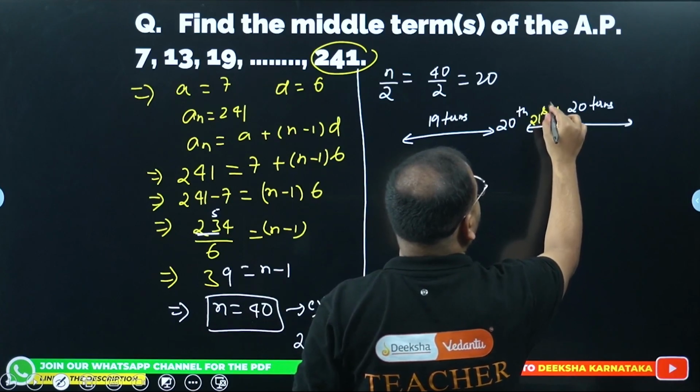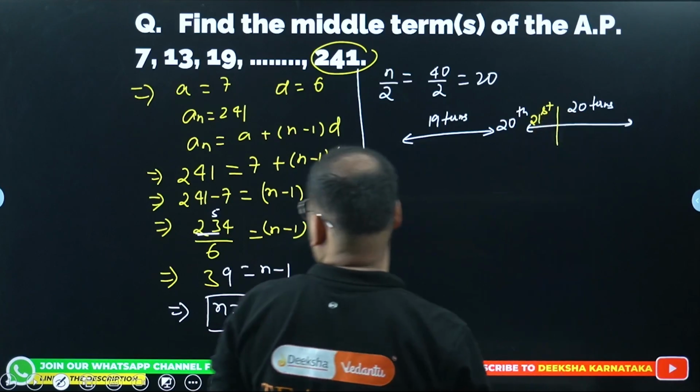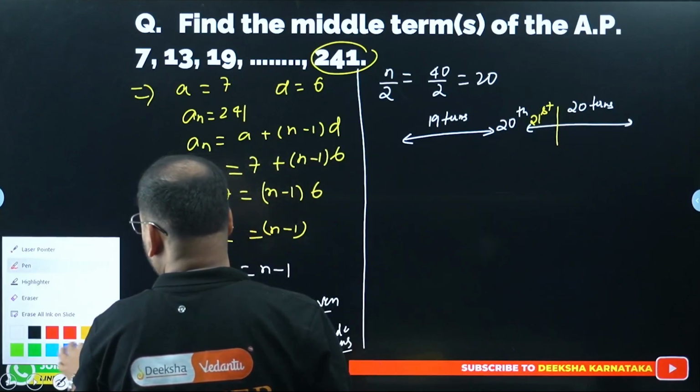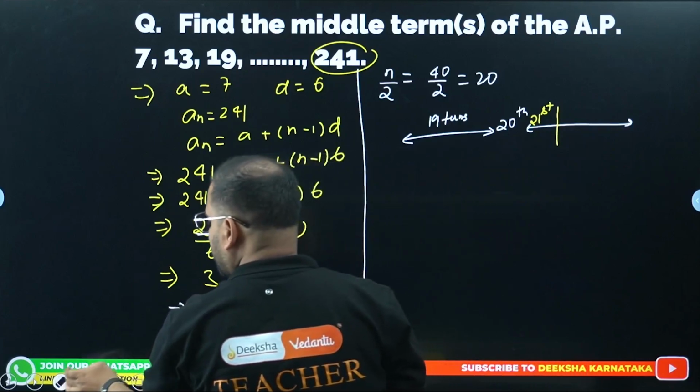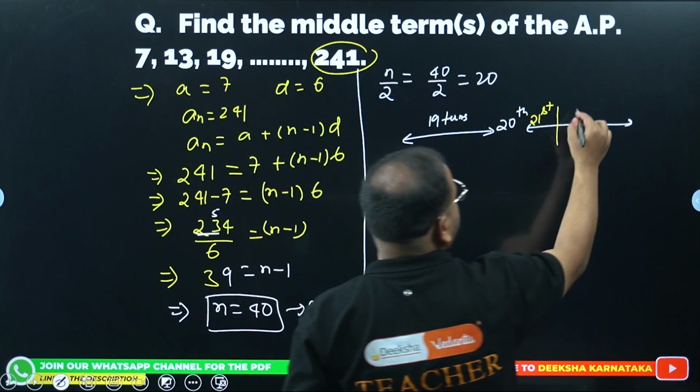The 21st term. After making it the 21st term, how many terms are there after the 21st term? 19 terms.